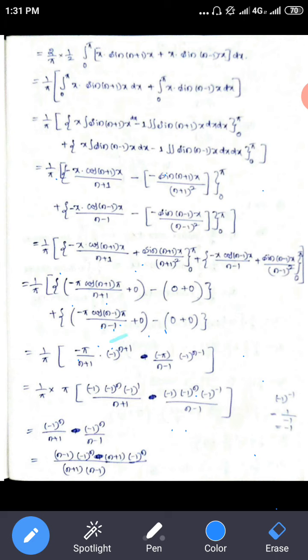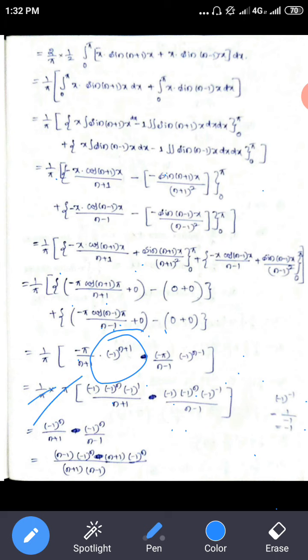So I'll split this: (-1) raised to n-1 is (-1) raised to n into (-1) raised to minus 1. Minus 1 raised to minus 1 is 1 upon minus 1, so 1 upon minus 1 is minus 1. So I had written directly here minus 1, (-1) raised to n.